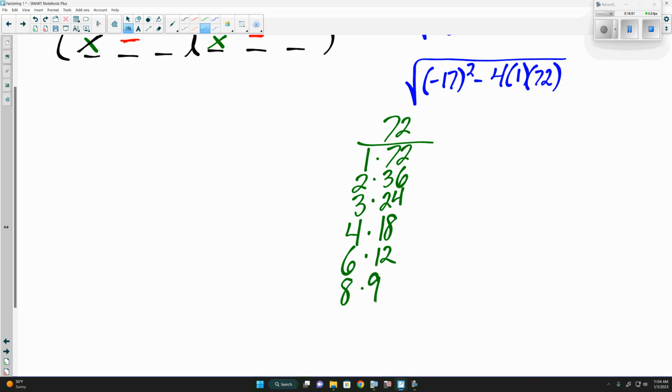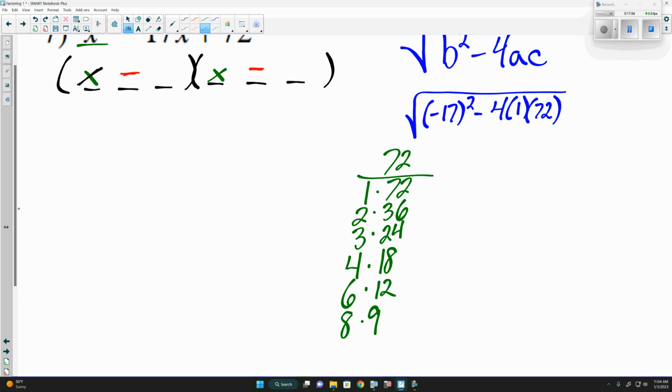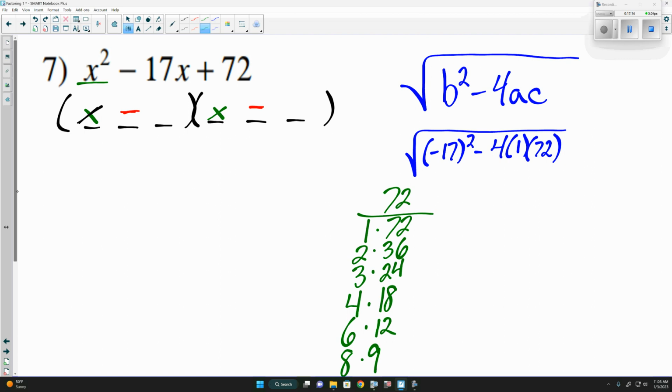One thing with 6 and 8: 6 works if 2 and 3 are factors, and 8 works if 2 and 4 are factors. So we have all these here. Which one do we want to try first? 8 and 9. I wouldn't want to try 1 and 72 or 2 and 36 because they're a little too big. So 8 and 9.